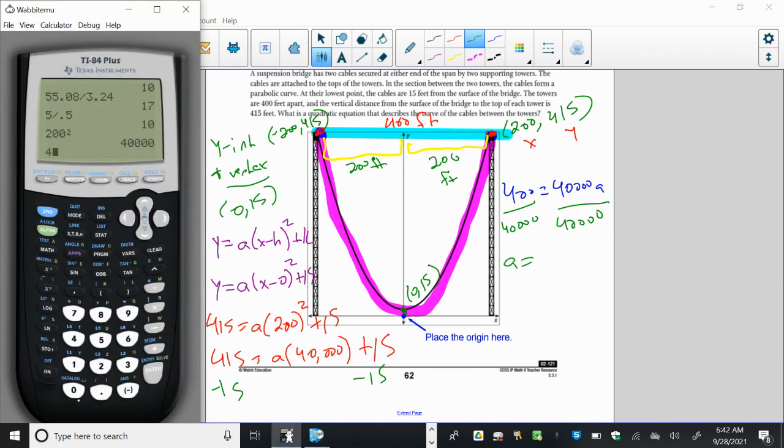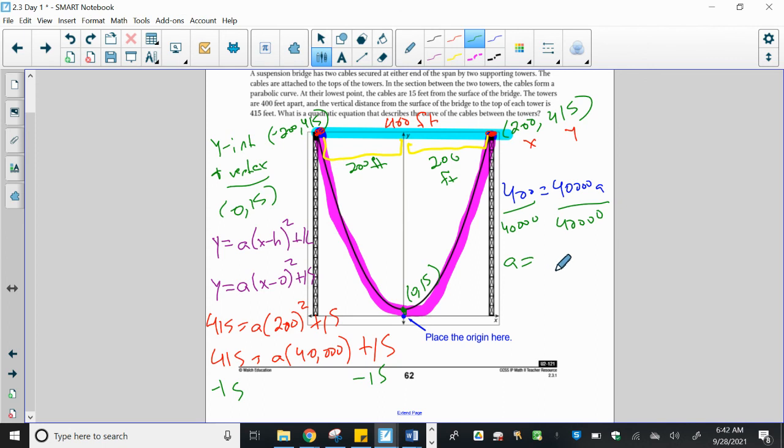Calculator could help here. 400 divided by 40,000, you get 0.01. Y equals 0.01, we're putting that in for a, times x minus 0 squared plus 15. That'll be our quadratic equation.